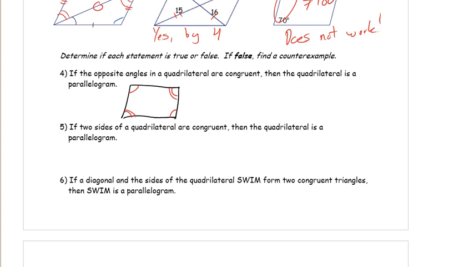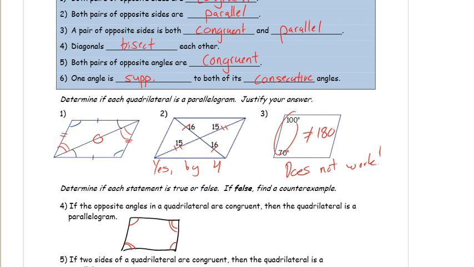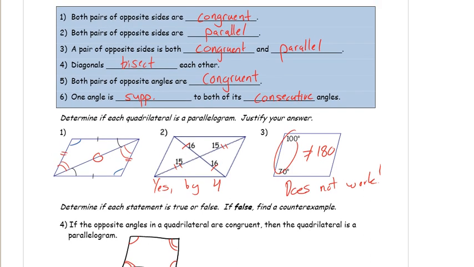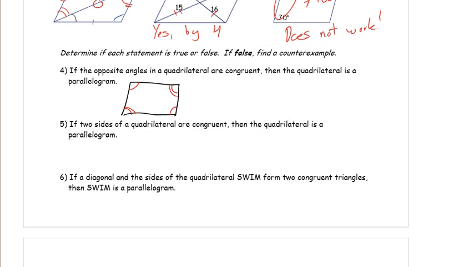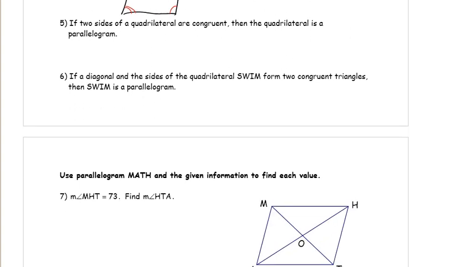Well, we know from above, if the opposite angles in a quadrilateral are congruent, then we should have a parallelogram. I don't know if we could come up with some sort of counterexample to prove this false. In 5, if two sides of a quadrilateral are congruent, so we have those two sides congruent, then the quadrilateral is a parallelogram.